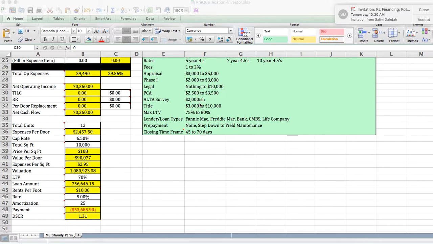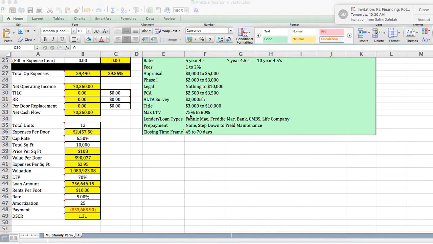A lot of times the actual title company will demand this, and it could be 2,000-ish, I put here. Title, anywhere from 3,000 to 10,000. This is really sort of a county or local jurisdiction driver. Texas can be really expensive. New Mexico can as well.